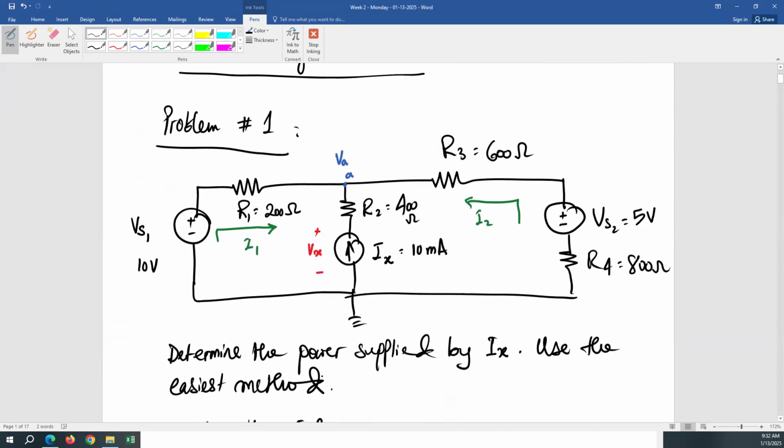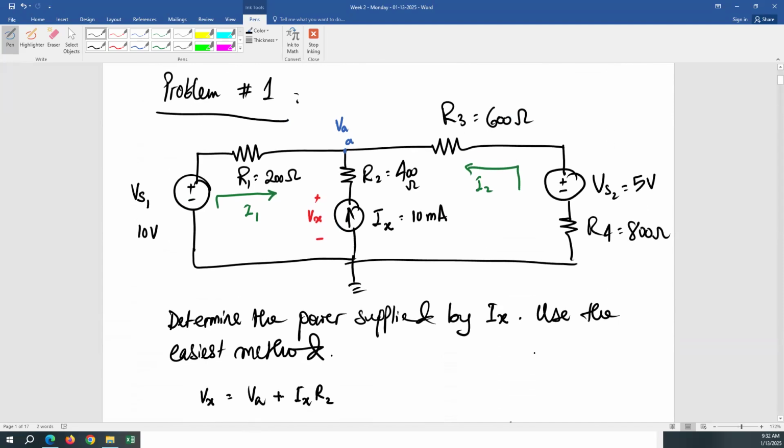And observe the voltage across the current source is greater than Vs1 and it is greater than Vs2 as well. So in fact, the direction of I1 is going to be opposite because VA is 11.125, which is greater than 10 volt. And likewise, the direction of I2 will be opposite as well because, again, VA is greater than Vs2.